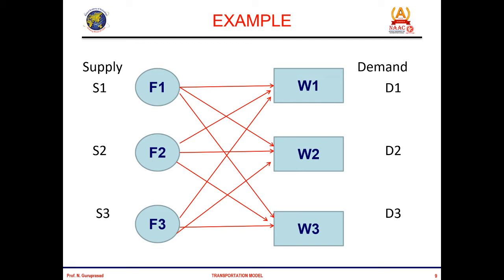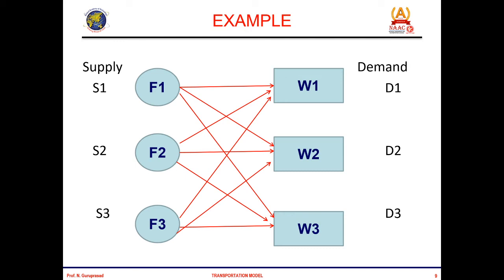Now focus on the right hand side. We have three warehouses and the demand at each of these warehouses is D1, D2 and D3. That means the demand at warehouse 1 is D1, the demand at warehouse 2 is D2, the demand at warehouse 3 is D3. Now put together, what does the structure of this transportation problem tell us?